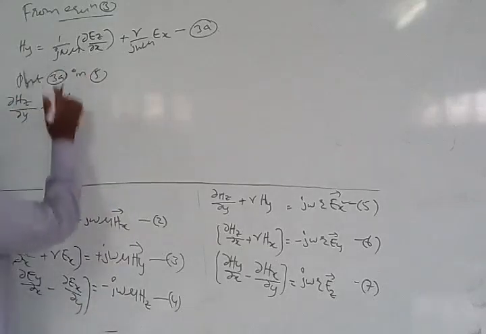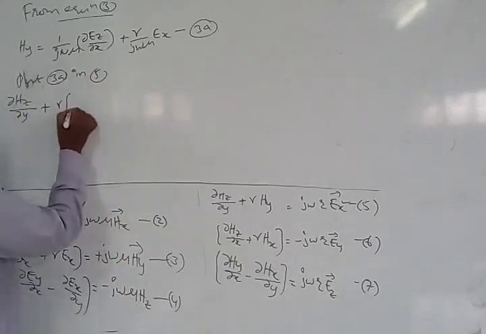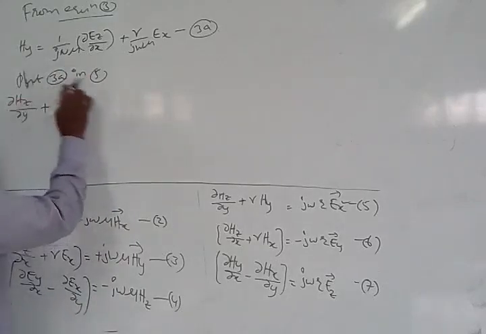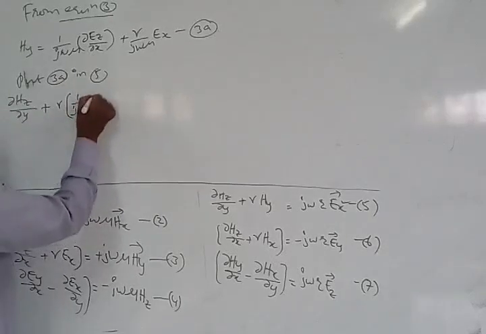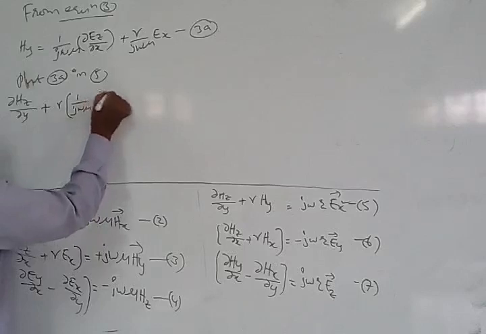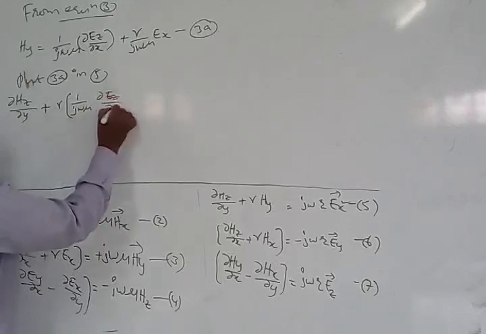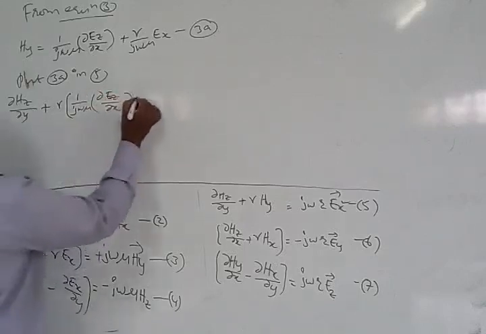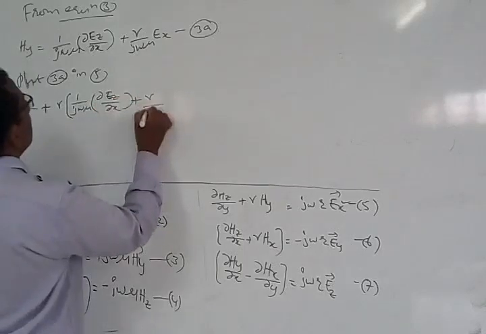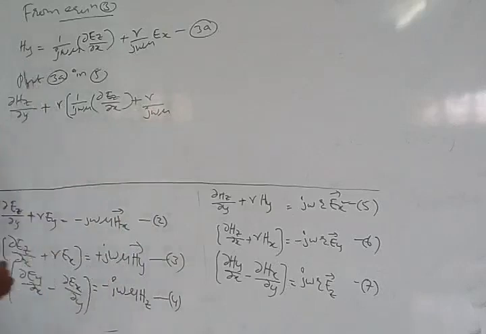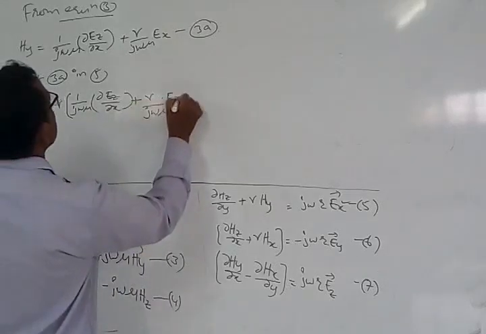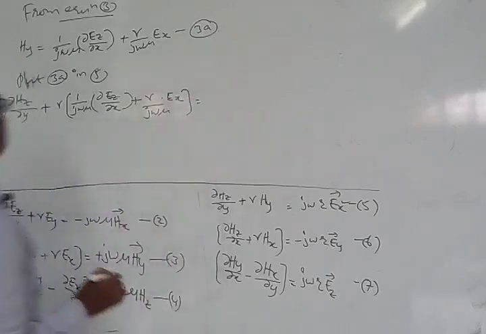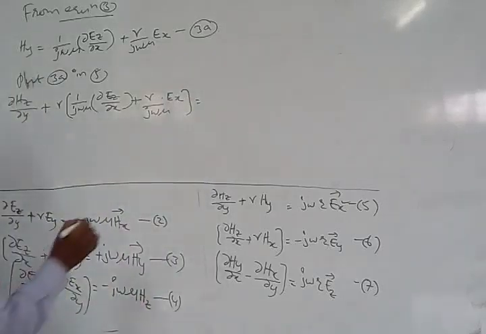So I can write this as j omega mu dou Ez by dou x, plus gamma by j omega mu Ex, is equal to j omega epsilon Ex.